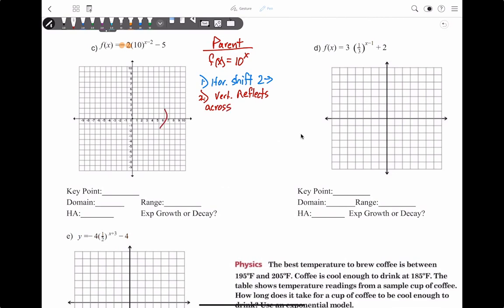So if you're vertically reflecting, it's like you're jumping across the x-axis. And then next is this 2. The 2 is a vertical stretch by a factor of 2.